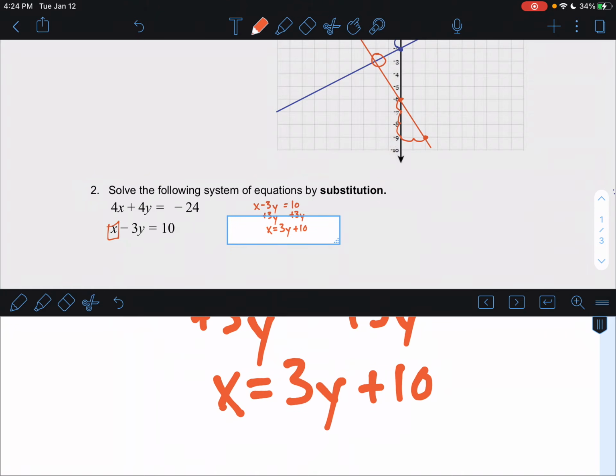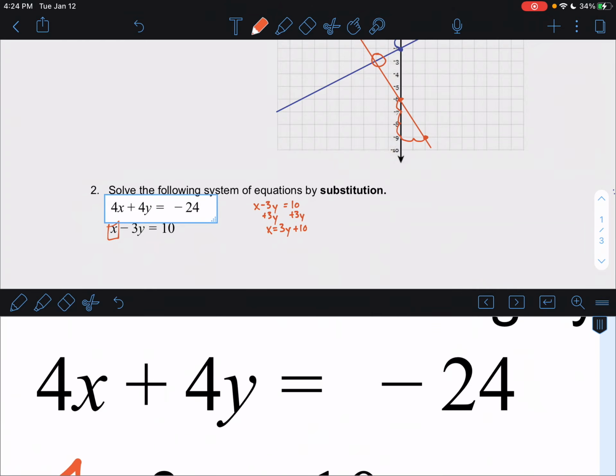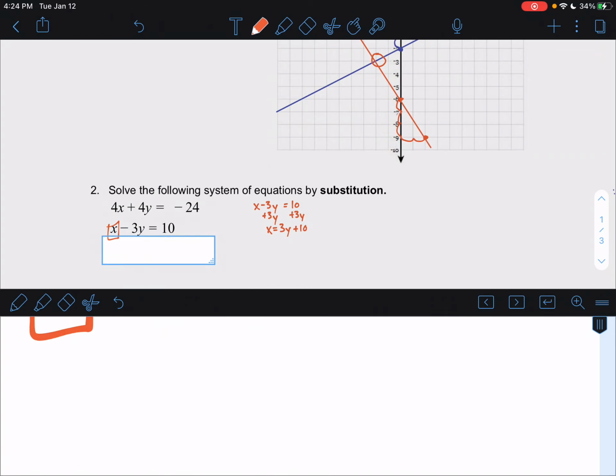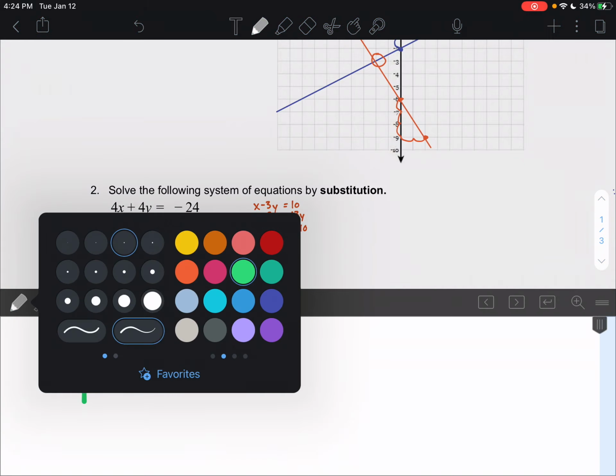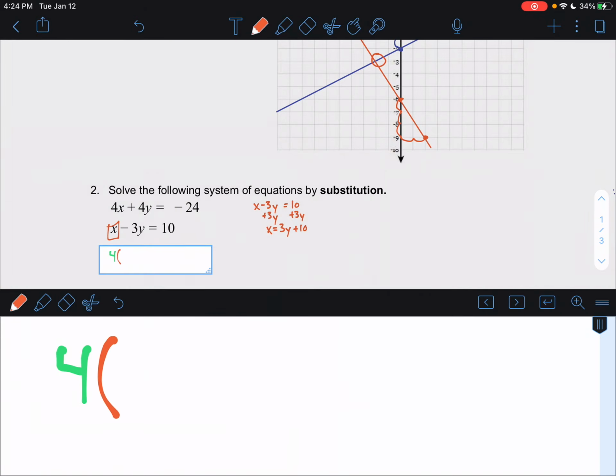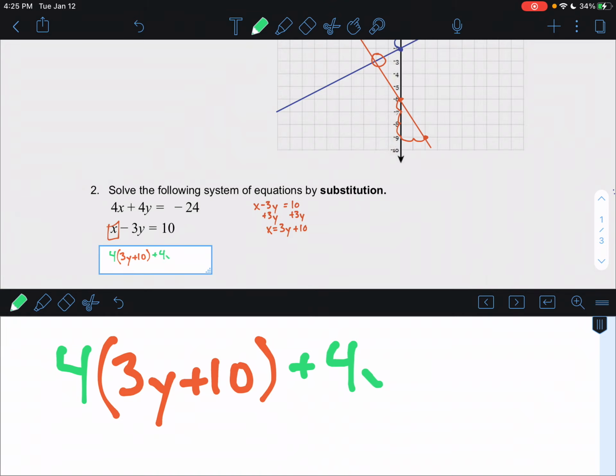So now that I have x equals 3y plus 10, I'm going to take that and substitute it in to this first equation. So now I'm going to have 4, and instead of x, I'm going to say 3y plus 10, and then plus that 4y, it's going to equal -24.